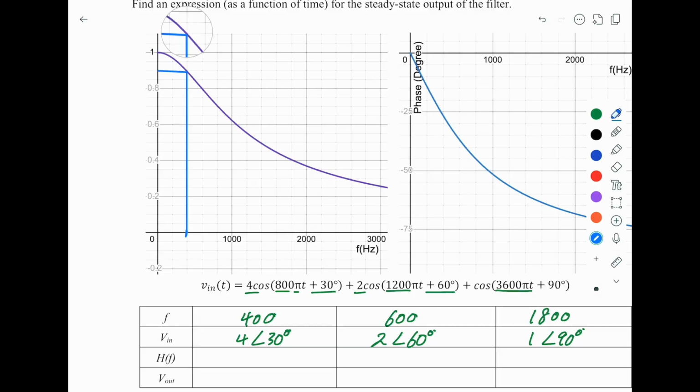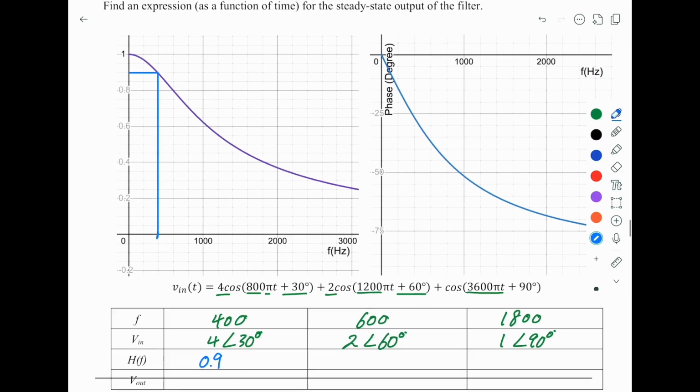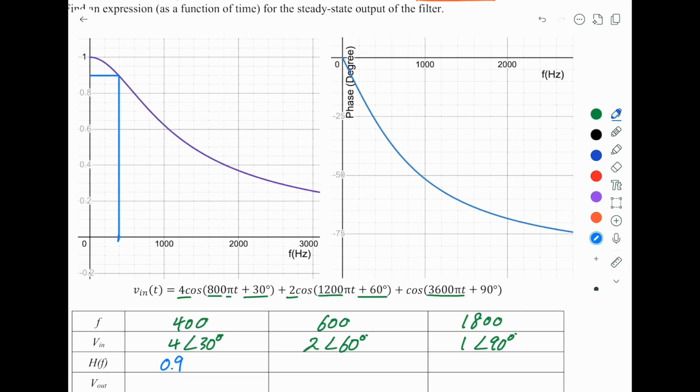So roughly, you can see here, this is very close to 0.9. And the angle, if we look at 400 Hertz, it may be about 26.